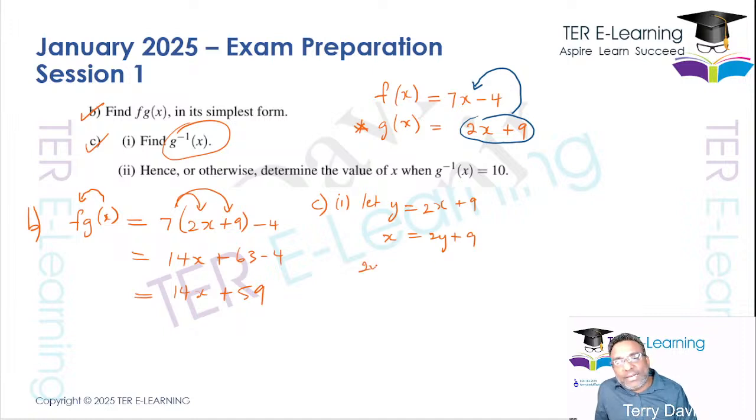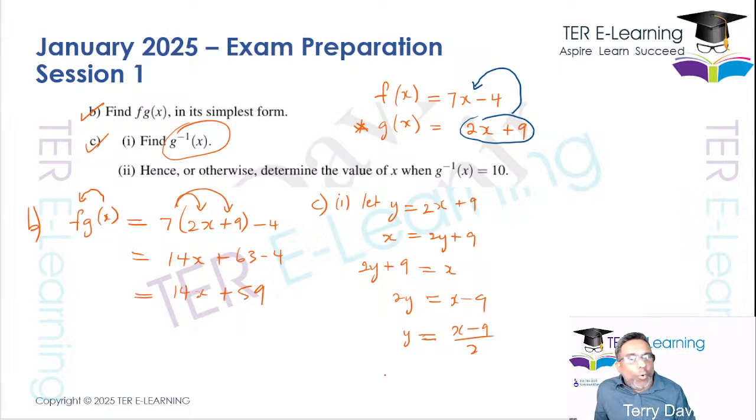So I can write this as 2y plus 9 is equal to x. So 2y is equal to x minus 9, and therefore y is equal to x minus 9 over 2.